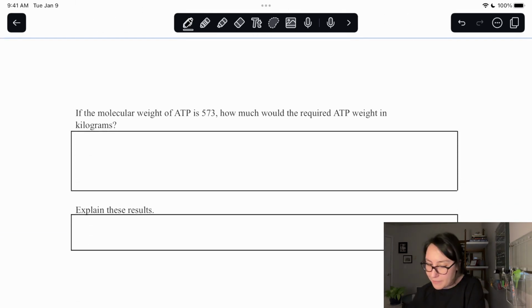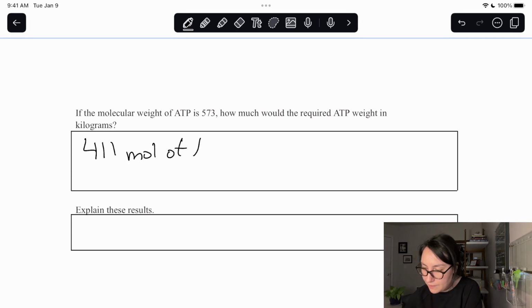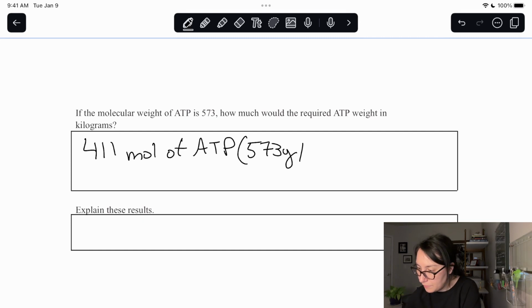All right, we made it. Last little portion in the last minute. So now, if the molecular weight of ATP is 573, how much would the required ATP weigh in kilograms? Again, a little bit of math here. We're going to take that 411 moles of ATP and times it by 573 grams per mole.